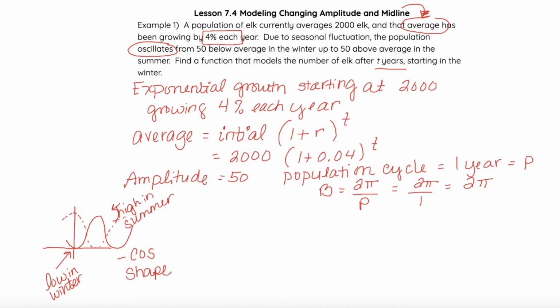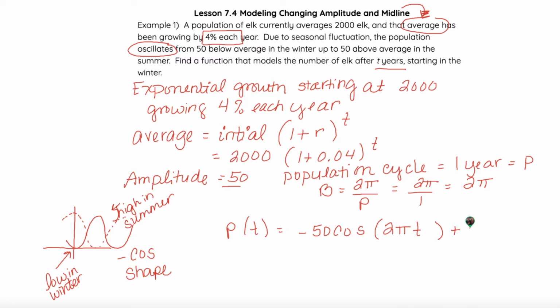Recalling back to how we write equations, we have P of t, so our population with respect to time. Population is fluctuating up and down. Our amplitude we know is 50 because whatever our midline is, we are 50 above and 50 below that average. So negative 50 cosine times 2 pi times time plus our midline.